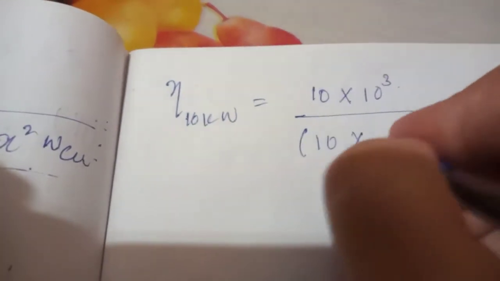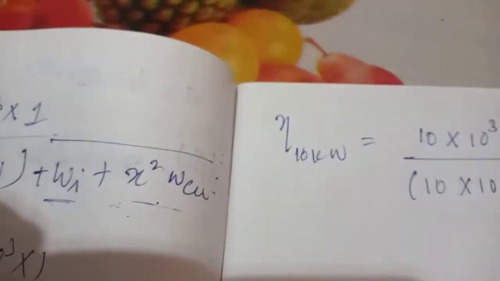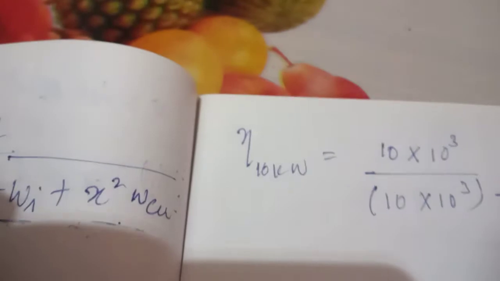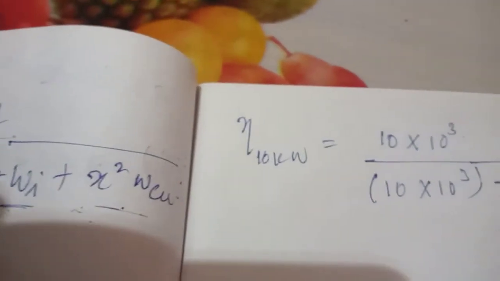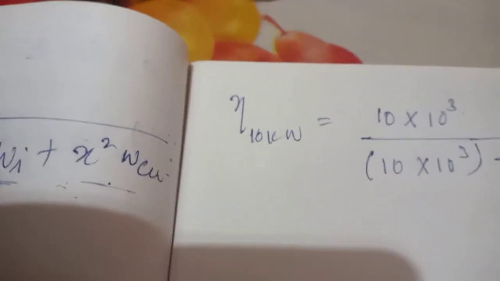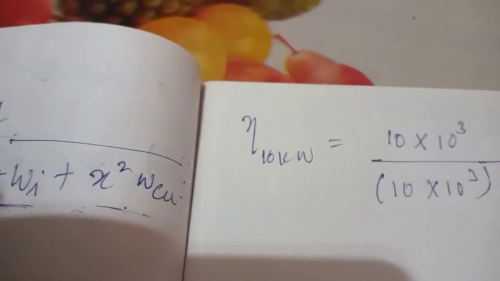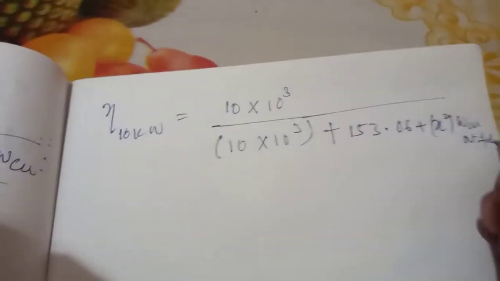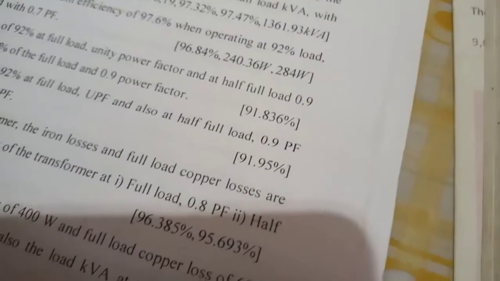Now output plus losses, right? 10 into 10 to the power of 3 plus the iron loss, which is 153.06, plus x square into WCU at full load. What is this x value?